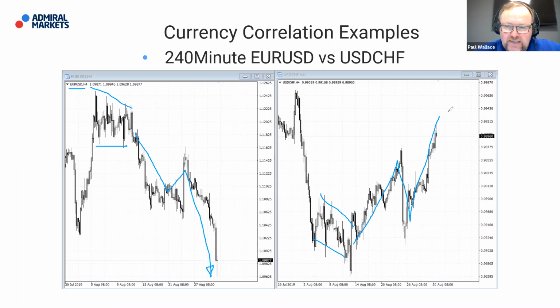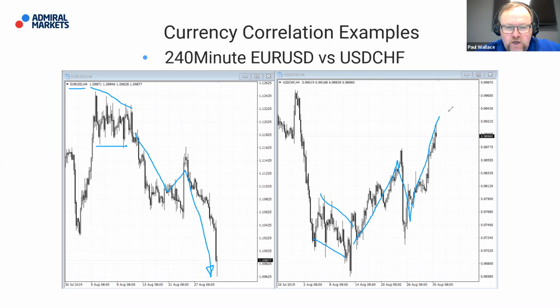At that time, the euro dollar had an average daily range of around 70 pips a day, and the dollar Swiss franc's average range was around 120 points, okay? So nearly double, about 1.8 times how far the euro dollar moved.